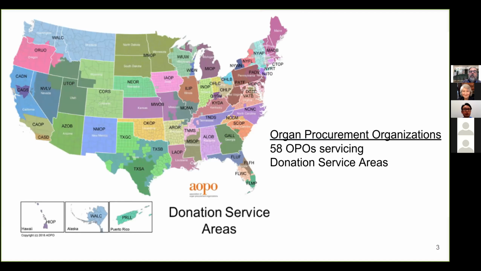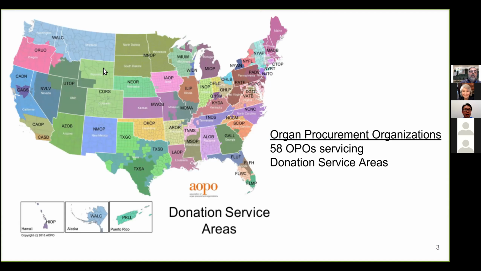Okay, so to start off, I'll describe how the process of organ donation is coordinated. In the United States, this task is distributed across the nation, across 58 organizations that are called organ procurement organizations.